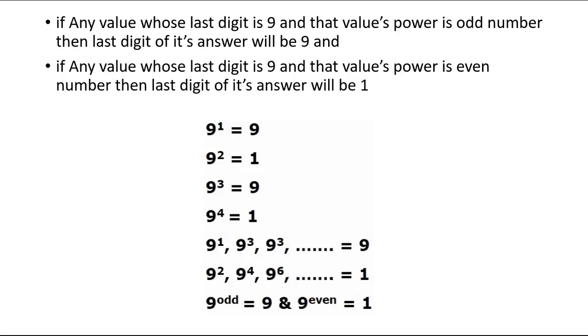If the power is an odd number, then the answer's last digit will be 9. If the base is 9 and the power is an even number, then that expression's answer's last digit will be 1.